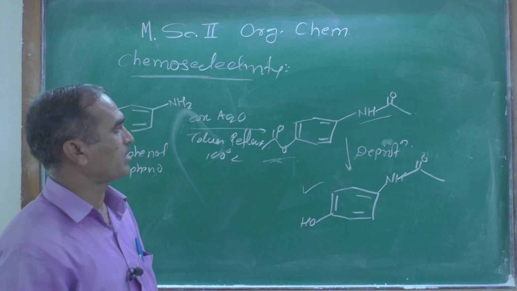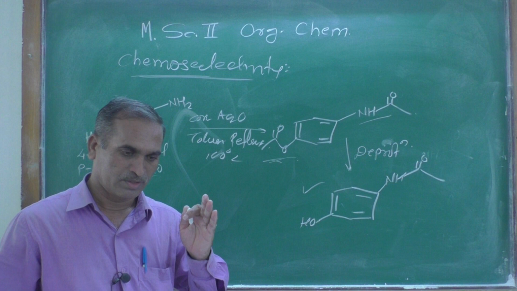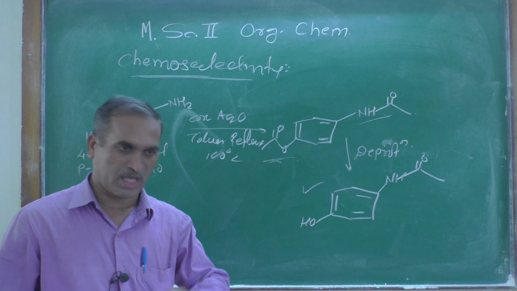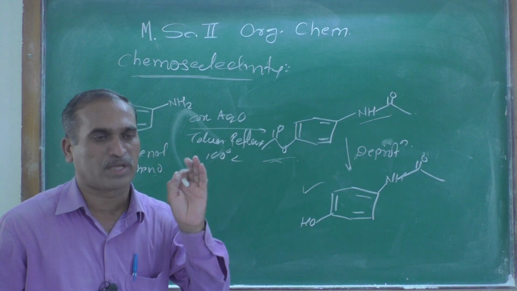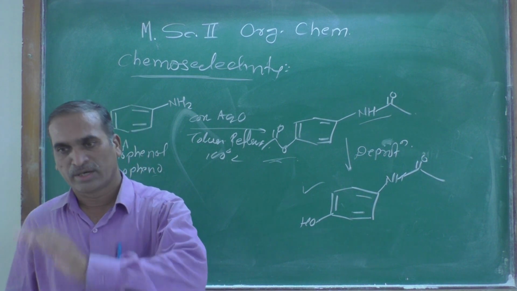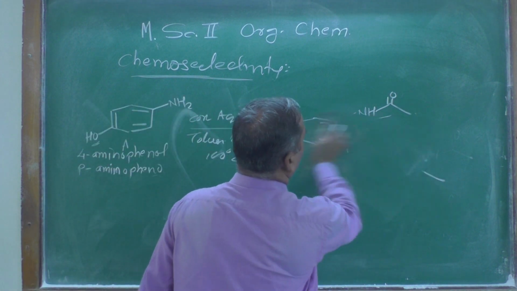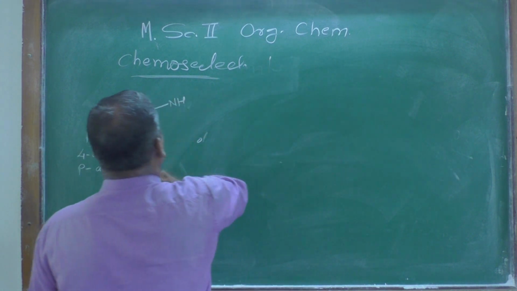So I think with this we have completed the protection and the deprotection of the hydroxyl group. Now we are moving toward the next important functional group, which is the amino group, right?